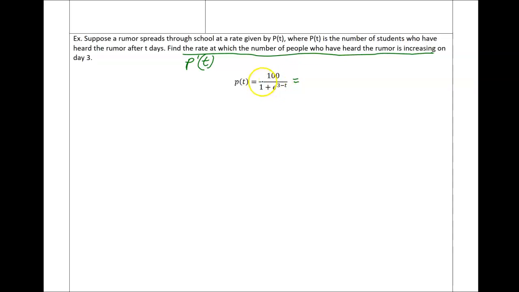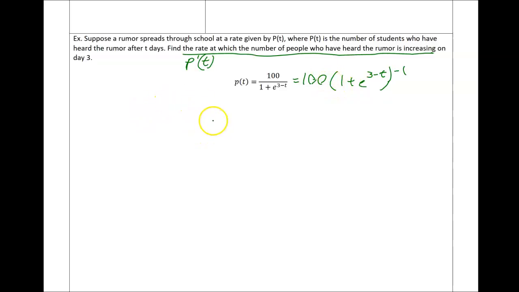So notice I might be inclined to use quotient rule here because I'm dividing, but what's on top is just a plain old number. So I can rewrite that as 100 times the denominator of my function to the power of -1. And that saves me from having to do quotient rule.